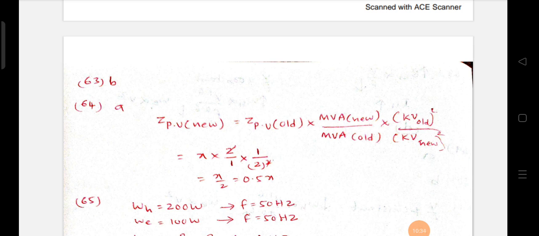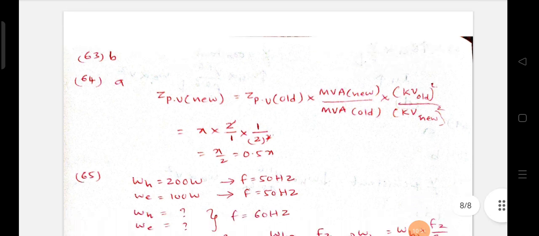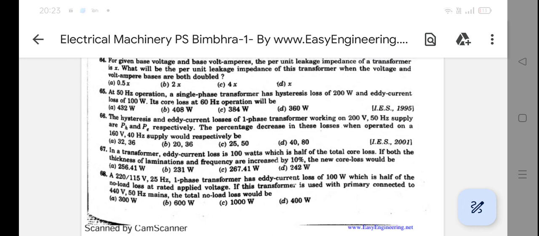Here the kVA rating or MVA rating is doubled and the voltage is also doubled. That is X into 2 by 1 into 1 by 2 whole square. That means I will get the answer as X by 2, that is 0.5X. That means the 64th answer is A.